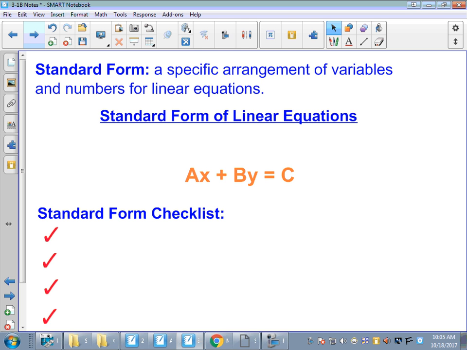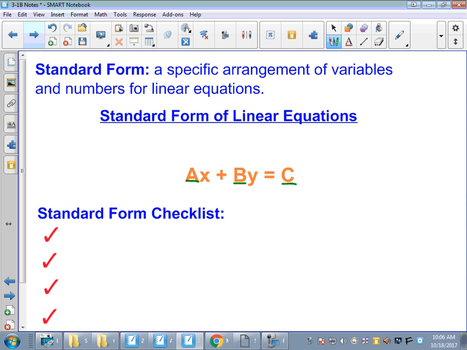So if I let you guys put these lines in any order you wanted, I'd have several answers every time to have to read off. There's an infinite number of different ways to write one line. So by having a standard, it allows us to say, okay, we're all talking about the same thing. I want to mention the a value here is a number, the b value here is a number, and the c value represents a number.